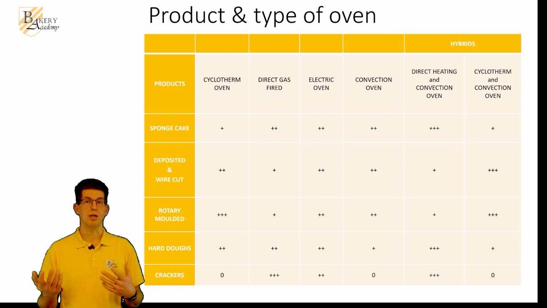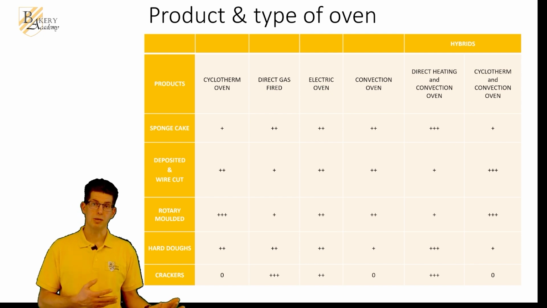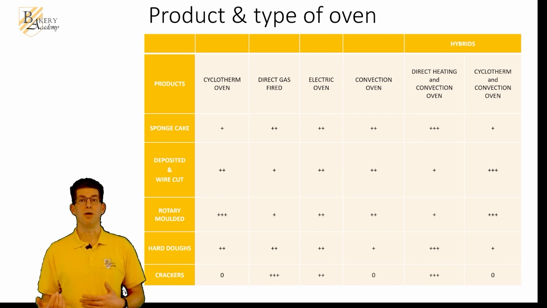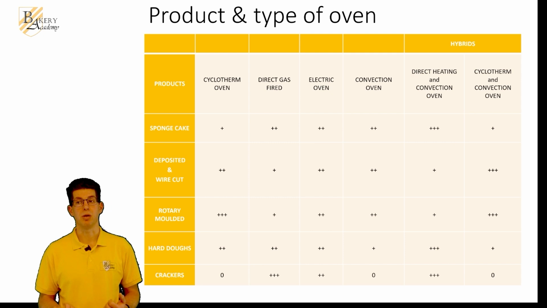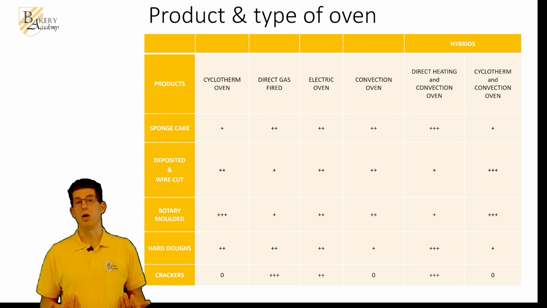So we see that depending on our product choice, an oven can be chosen as well. So it might not be very efficient to try and produce sponge cake products as well as rotary molded product on the same product line. However, if you look at oven setup, sponge cakes as well as crackers or hard doughs might be possible on the same type of oven.